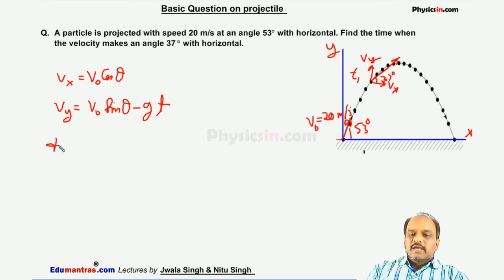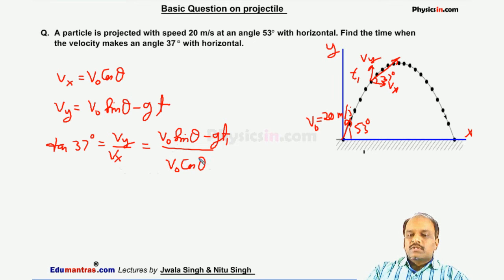So we can say tan 37 is equal to Vy by Vx. This is equal to V naught sin theta minus g into t1 divided by V naught cos theta.